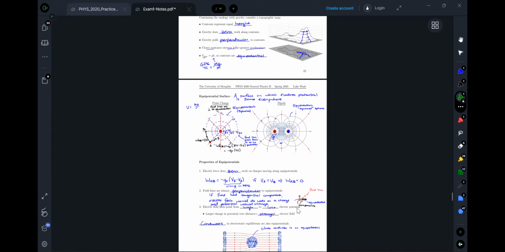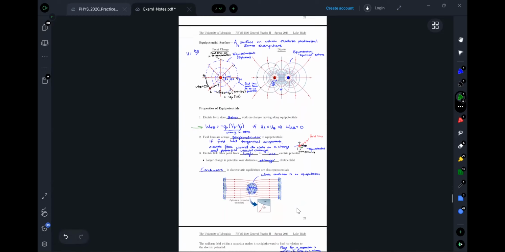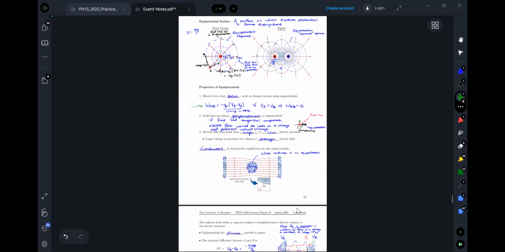Equipotentials are on this. So it is important to know their properties, the relationship between work done and change in potential that we already talked about, as well as the relation between the electric field and the electric potential.